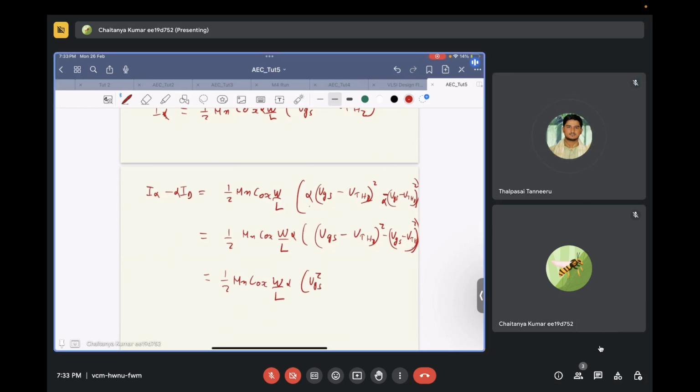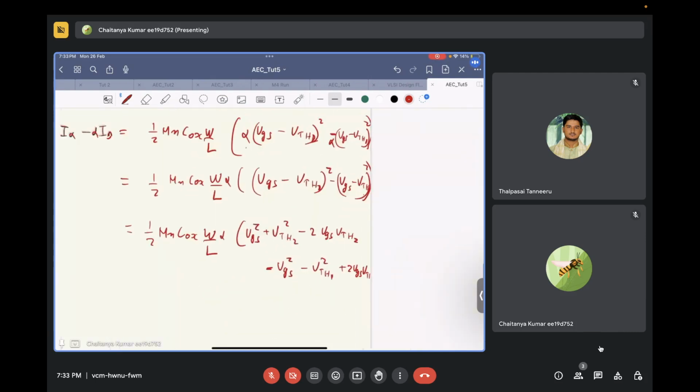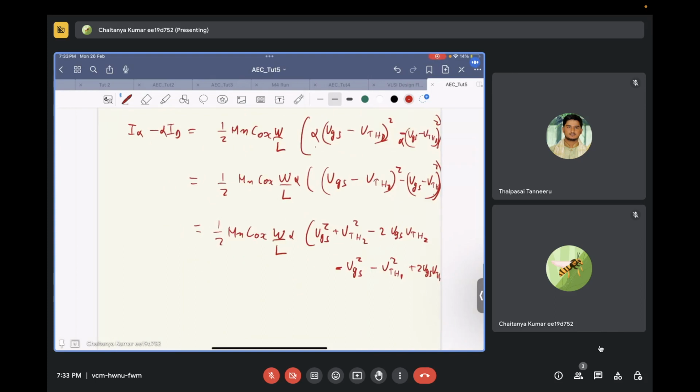So just open it: VGS squared plus VTH2 squared minus 2 VGS VTH2, minus VGS squared minus VTH1 squared plus 2 VGS VTH1.